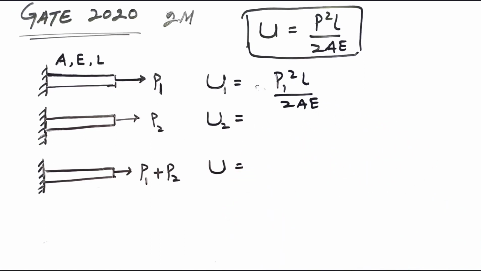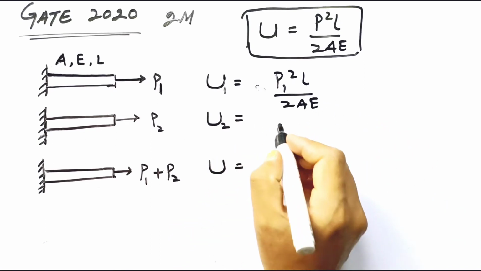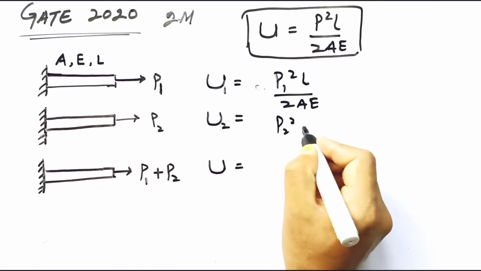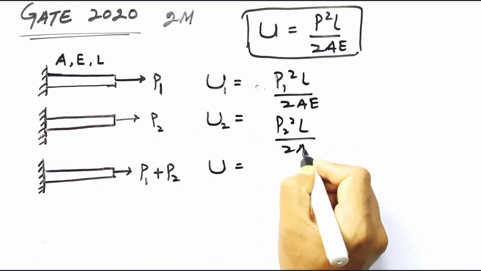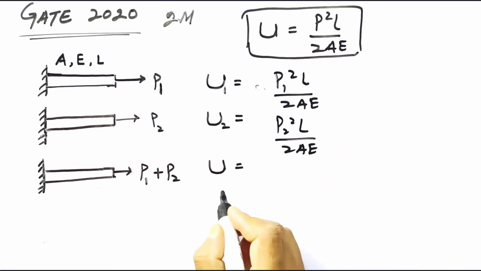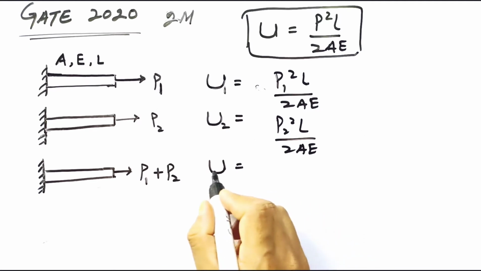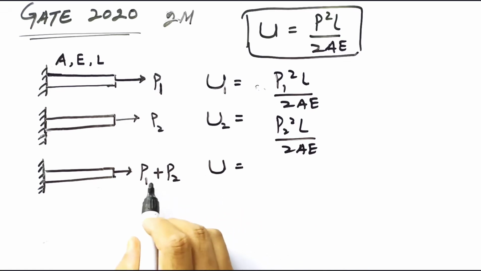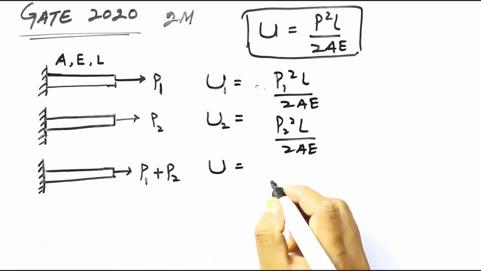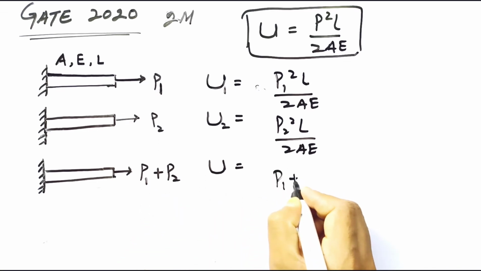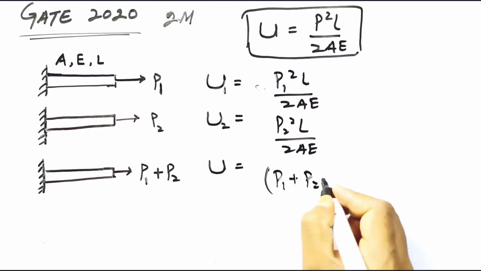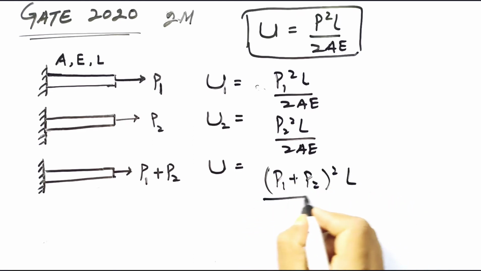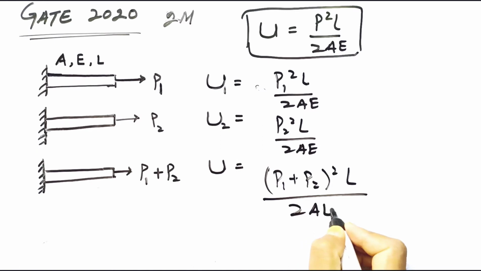Similarly, strain energy stored U2, its value will be P2 square L divided by 2AE. Similarly, what is U? U is the strain energy stored due to P1 plus P2. So we have to write simply (P1 plus P2) whole square into length divided by 2AE.